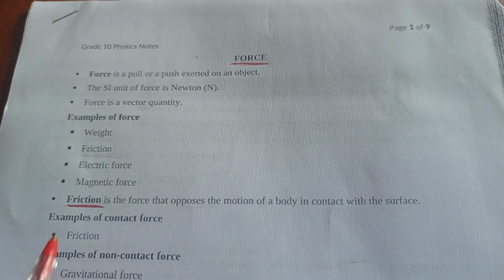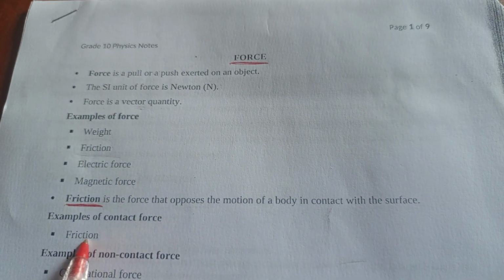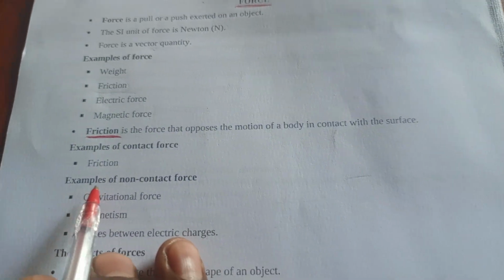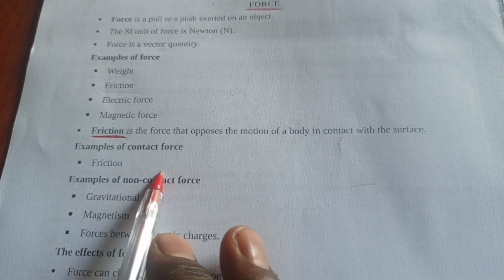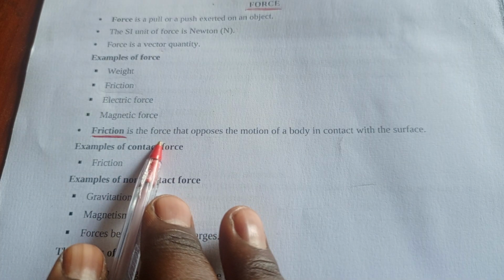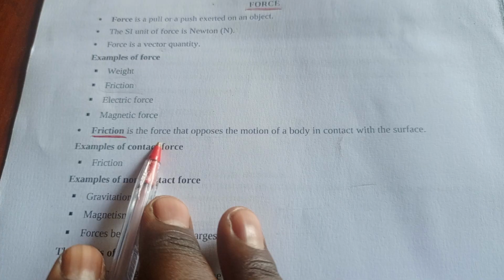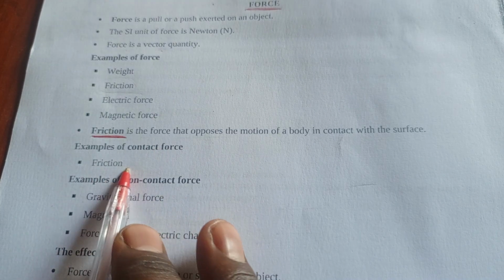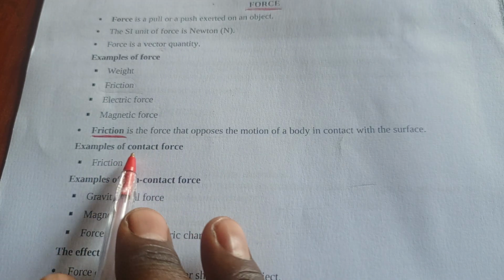Then examples of contact force, we have friction. Friction is a contact force because, as I'm saying, friction is a force that opposes the motion of two touching surfaces. For something to be opposed, the surfaces must be in contact. So friction is an example of a contact force.